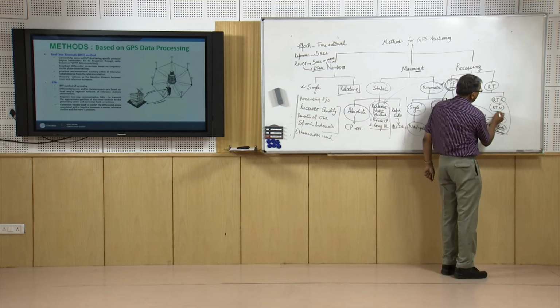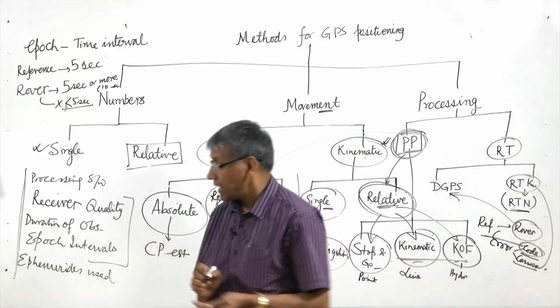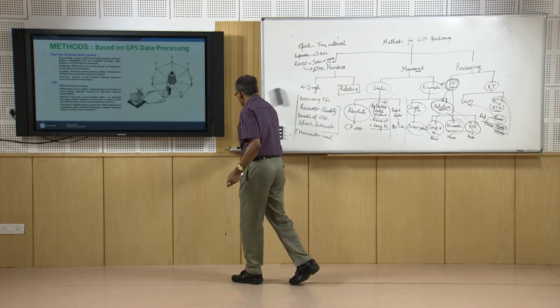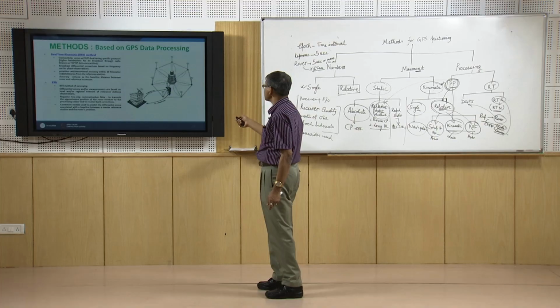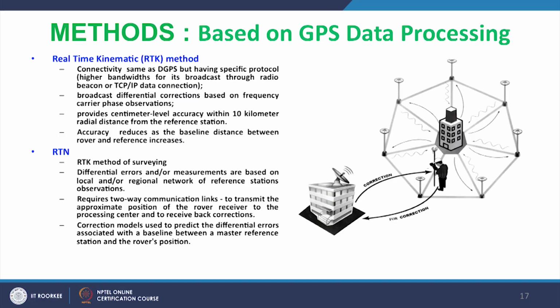Still more accurate method has come up, that is called real time network. In this case, there is more than one reference station, a network of reference stations, and from these reference stations the signals come to a central server where error messages are produced.